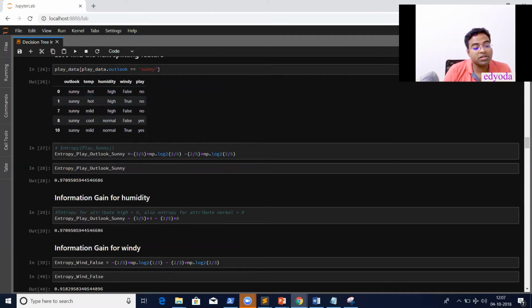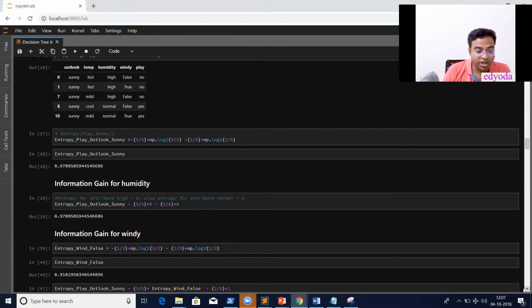So the entropy for the high attribute and the normal attribute will be 0, because all of them are of the same class. You don't need to calculate it. We know that for this feature the entropy is 0, and for this feature the entropy is 0. So finally the information gain for humidity will be this value minus 0.